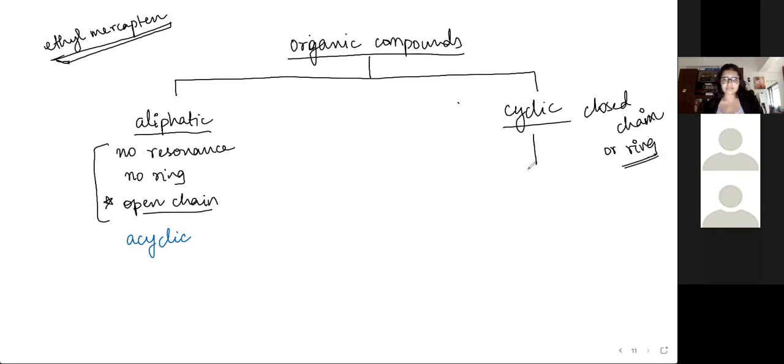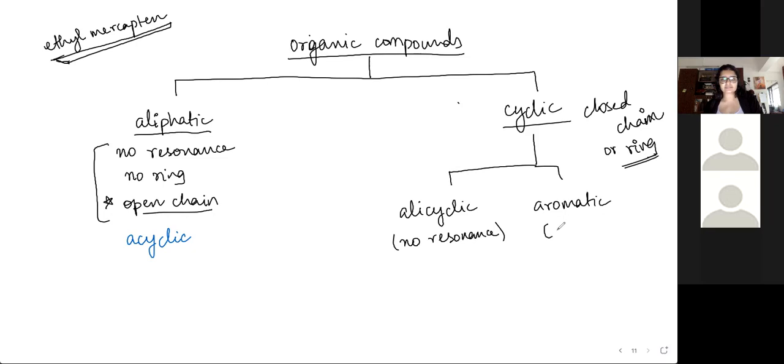Now within cyclic, you have something called alicyclic and aromatic. Alicyclic is no resonance, and aromatic is if there is resonance. Within aromatic, remember, one is benzenoid, like benzene.